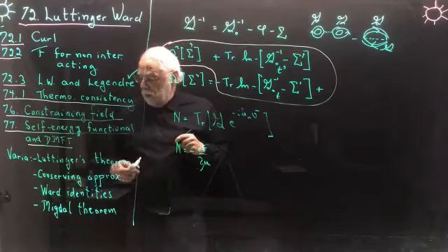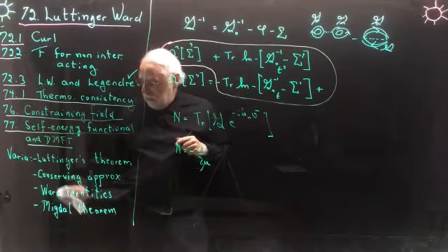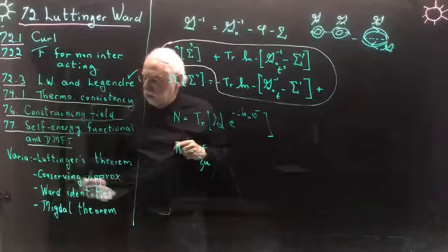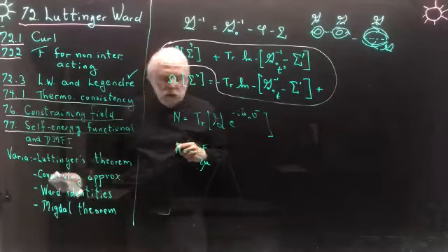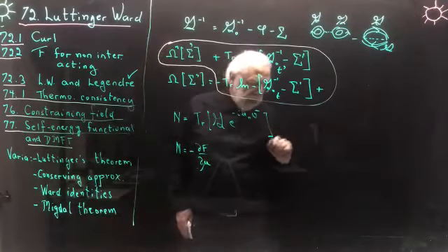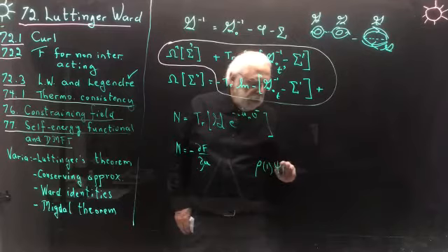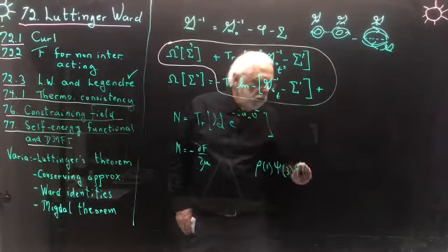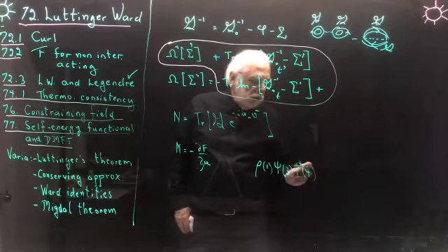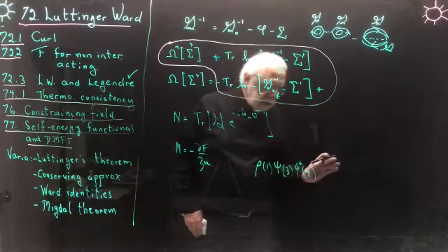Now another problem is conservation laws. You see, suppose that I have the density at 1, and now I have ψ at 3 and ψ† at 4. Okay, so if 4 is equal to 3, that would be the density correlation function.